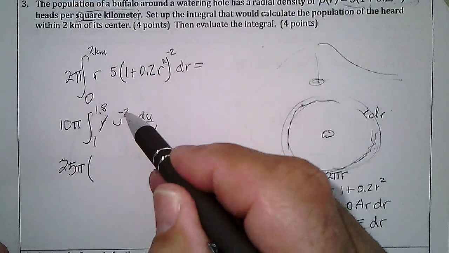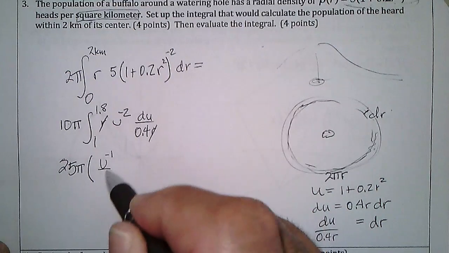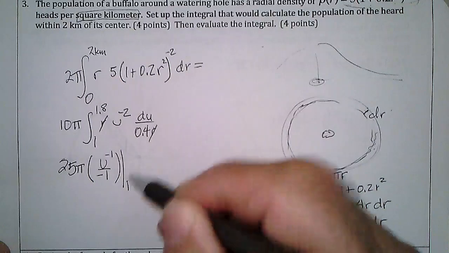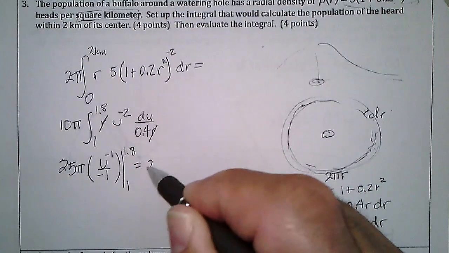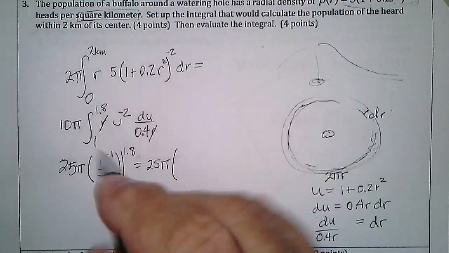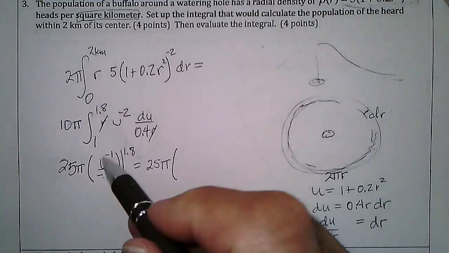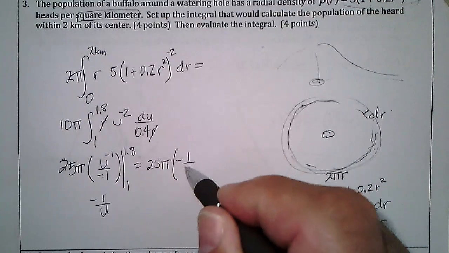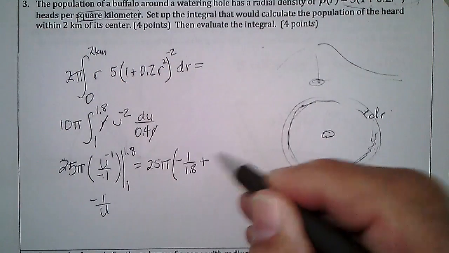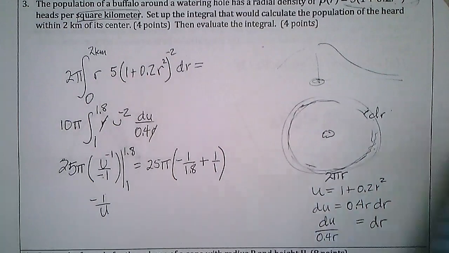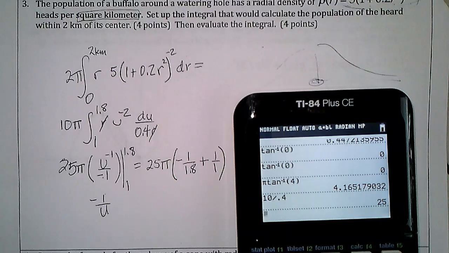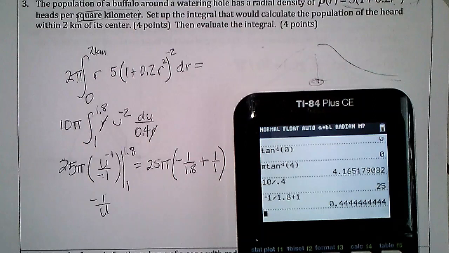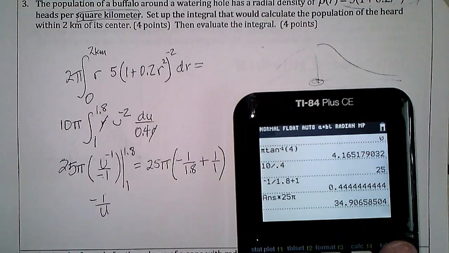And u to the minus 2 will go to u to the minus 1 divided by minus 1, evaluated from 1 to 1.8, which would be 25 pi times minus 1 over u, so I'm going to get minus 1 over 1.8 plus 1 over 1, and that will be minus 1 divided by 1.8 plus 1, which is 0.44444, times 25 pi, and we have about 35 buffalo.